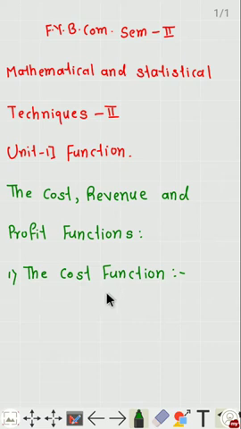What is that cost function? This is in fact the total cost function, since it calculates the cost of all the goods produced.